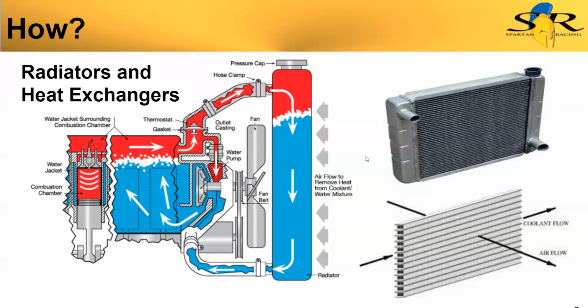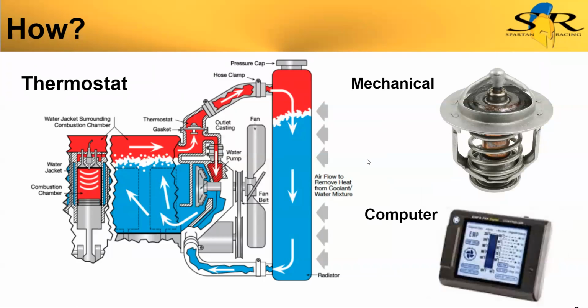And that's how we reject the heat from the engine. The heat is pumped from the engine into the radiator, and then from the radiator into the environment, to the air and the atmosphere.